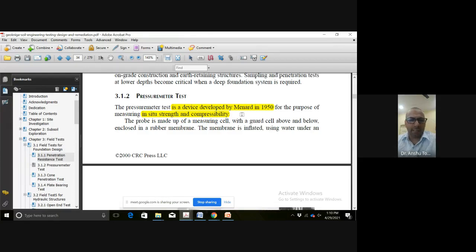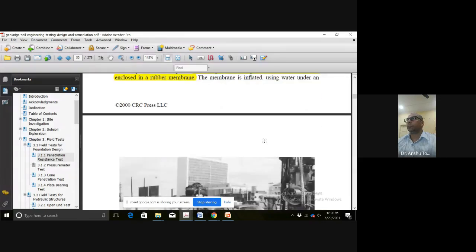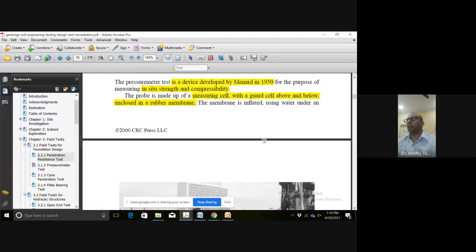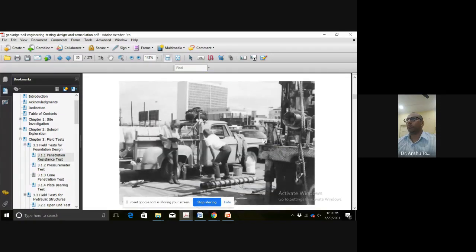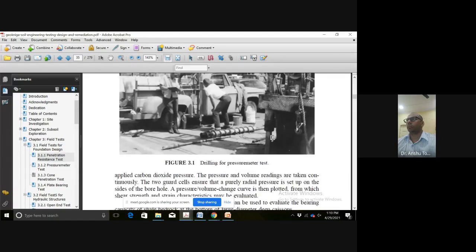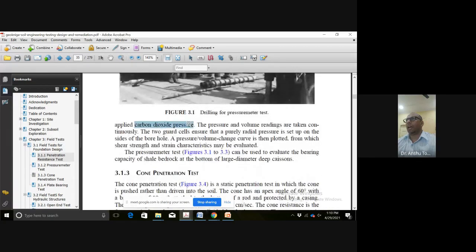In situ strength and compressibility both directly or indirectly correlate with the compressive strength, or we can say the bearing capacity of the soil. The probe is made up of a measuring cell with a guard cell above and below, enclosed in a rubber membrane. The membrane is inflated using water under the applied carbon dioxide pressure.